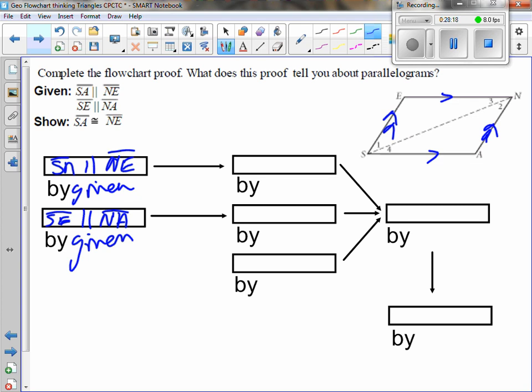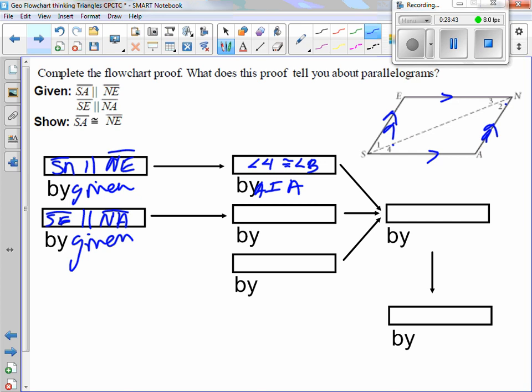Since SA and NE are parallel, it means angle 4 is congruent to angle 3 by alternate interior angles, because the whole angle is included for those. Now, we couldn't say anything about 1 and 2 from this first statement.